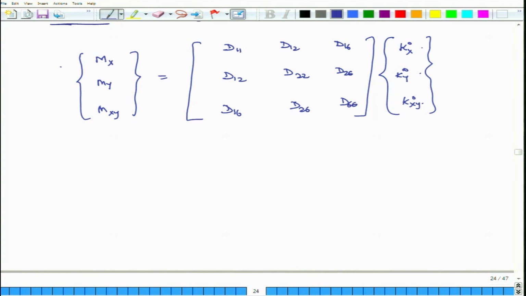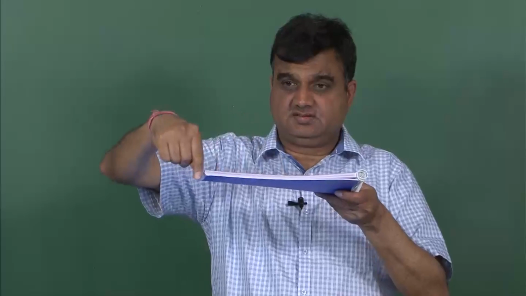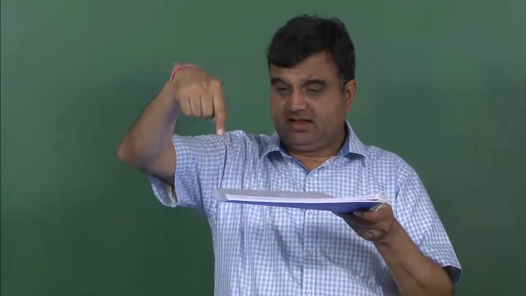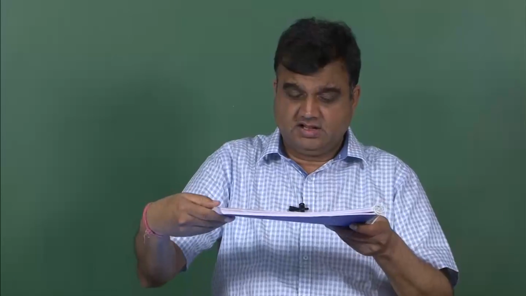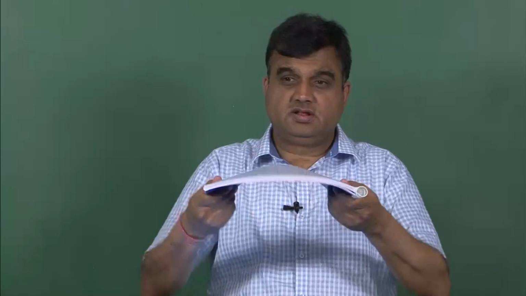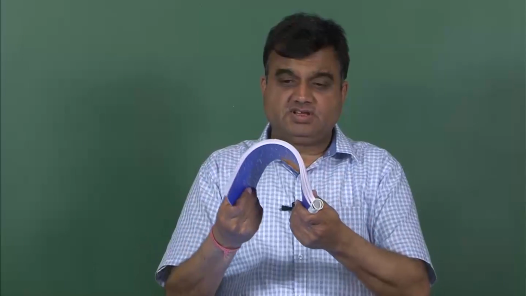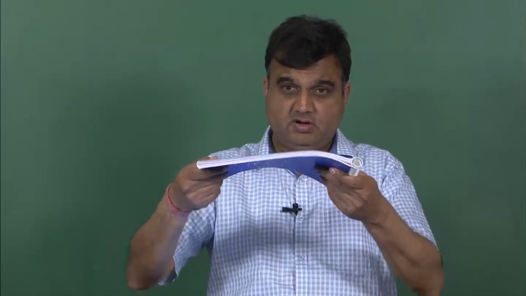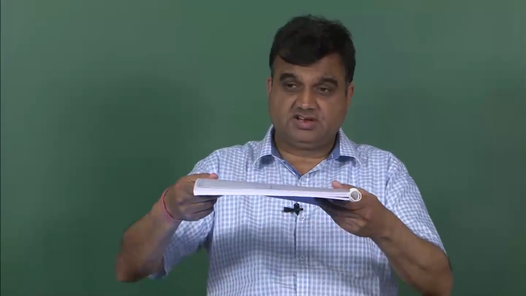I will again show you this book, and suppose this is the x axis, this is the y axis, and downwards is the z axis. If I bend the book like this, then it is exhibiting purely kx, curvature in the x direction.